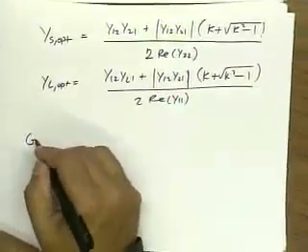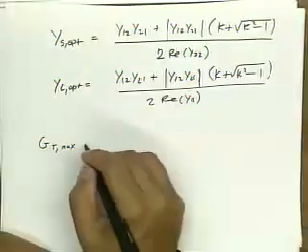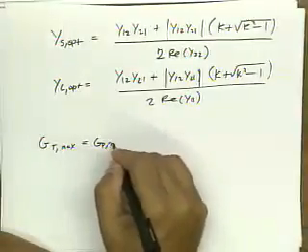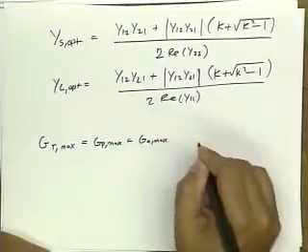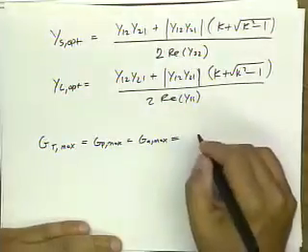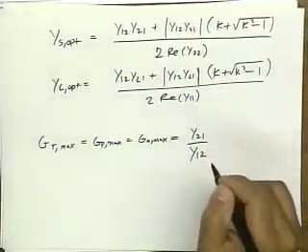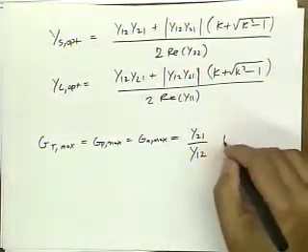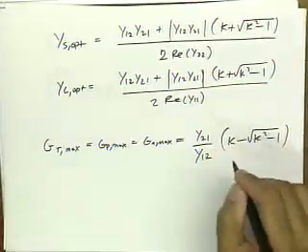And in fact, what you'll find is that the expression for the maximum transducer gain, which is also the maximum power gain, which is also the maximum available gain, takes a very nice form. It's y21 over y12 times k minus the square root of k squared minus 1.